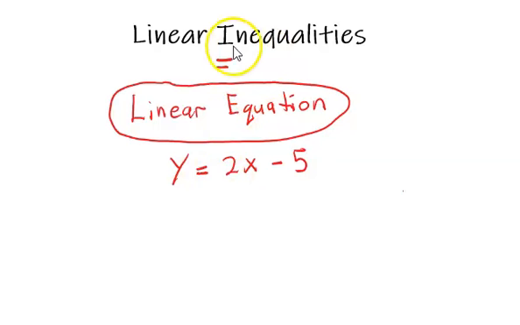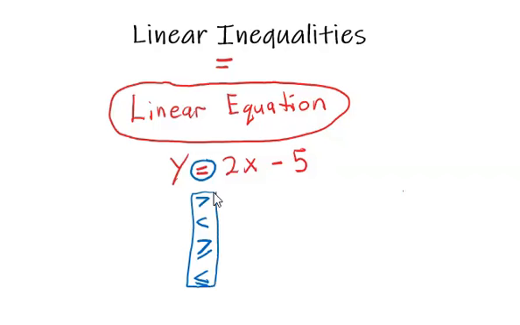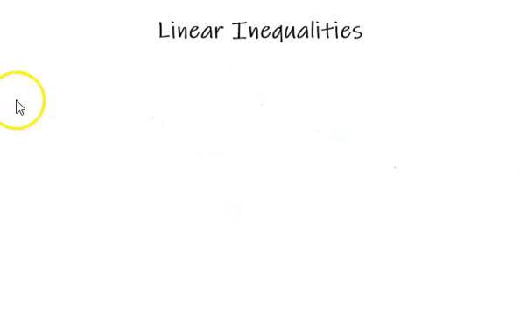But for linear inequalities, they will replace the equals sign with more than, less than, more than or equals to, or less than or equals to. Okay, so now I'm going to explain all these signs in the next slide. Here, number 1, I'm going to show you x more than 3.